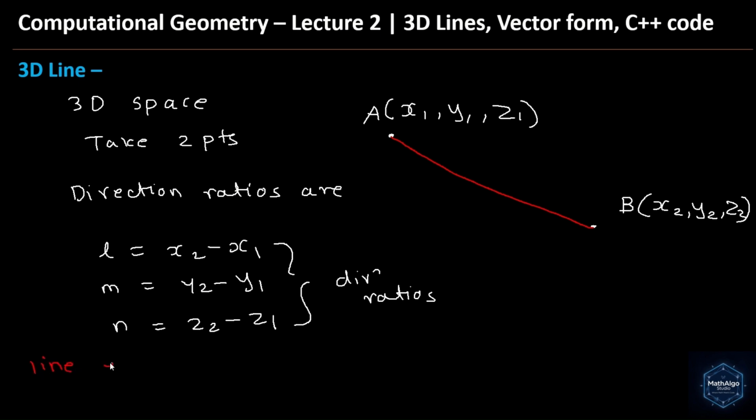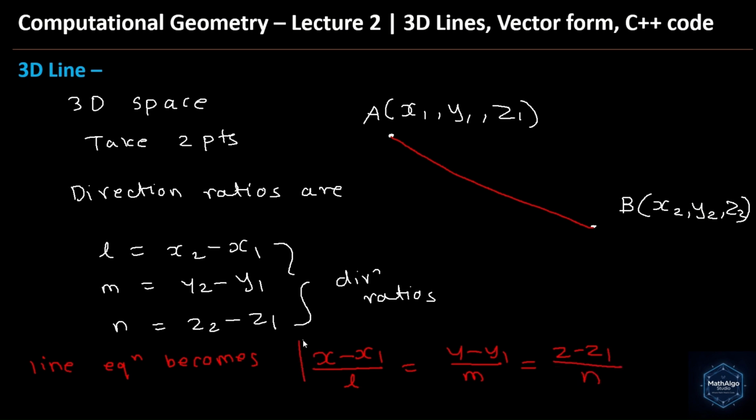Then the line equation using point A is (x minus x1) divided by L equals (y minus y1) divided by M equals (z minus z1) divided by N. This is the 3D line equation using 2 points.